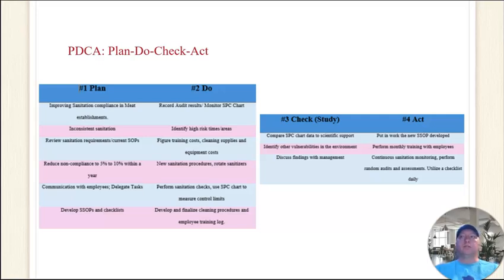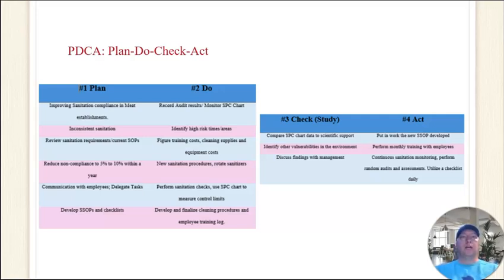If followed thoroughly, you'll be able to achieve quality and productivity to ensure your sanitation measures will be appropriate to produce safe food in your meat establishment. Number 1 here, we have improving sanitation compliance in meat establishments. You would record audit results, monitor the statistical process control chart, which we'll go over a little bit later in this presentation.